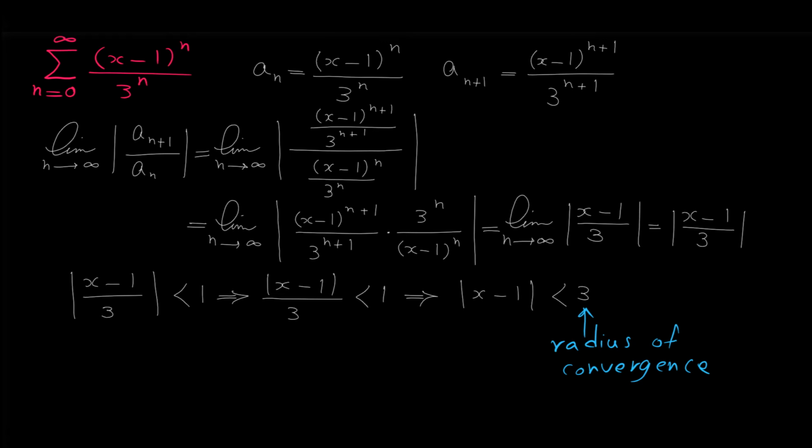In general, if we use the ratio test and we get to a relation in the form of the absolute value of (x minus a) less than a number, say r, this r is the radius of convergence of that series. Because in this case we get to this relation, 3 is the radius of convergence for this series.